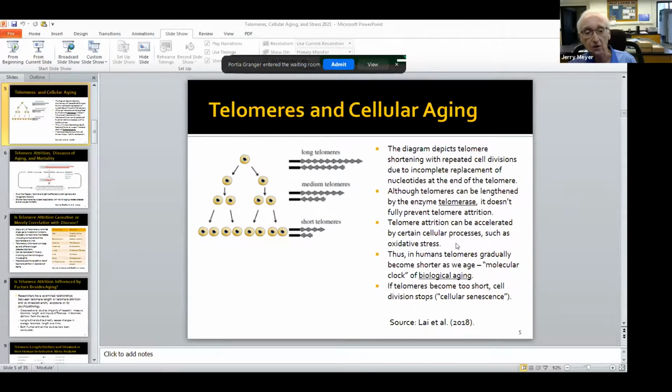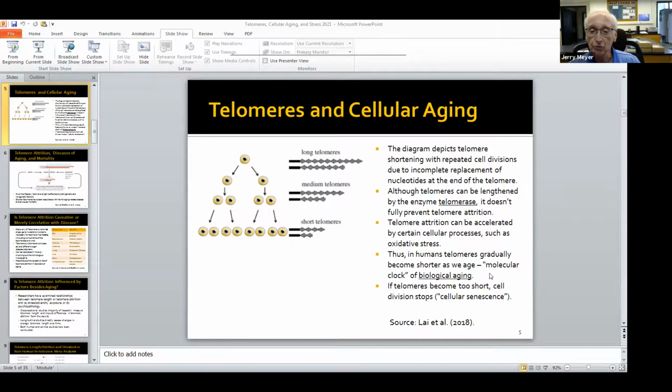If you're not familiar with that, we'll talk a little bit more about that in a little while. So because cells divide over and over again over time as we go on in our lives, we think about telomere shortening as a kind of clock of biological aging.